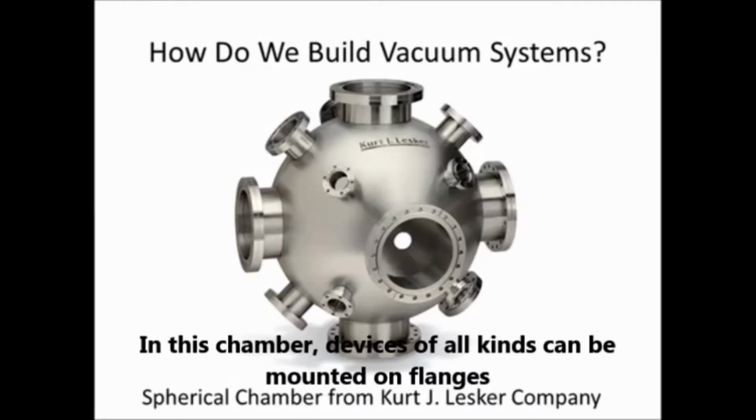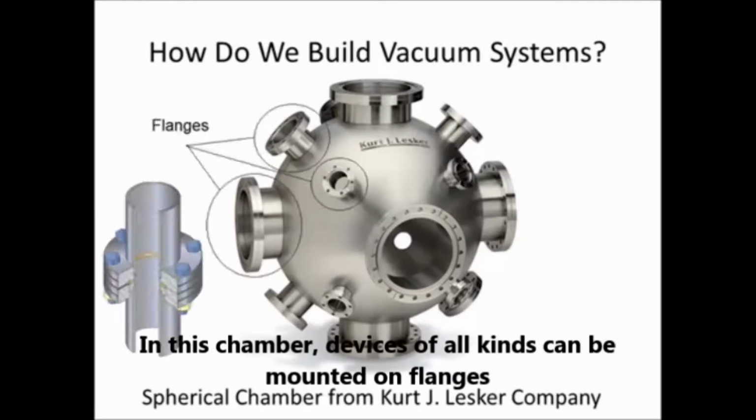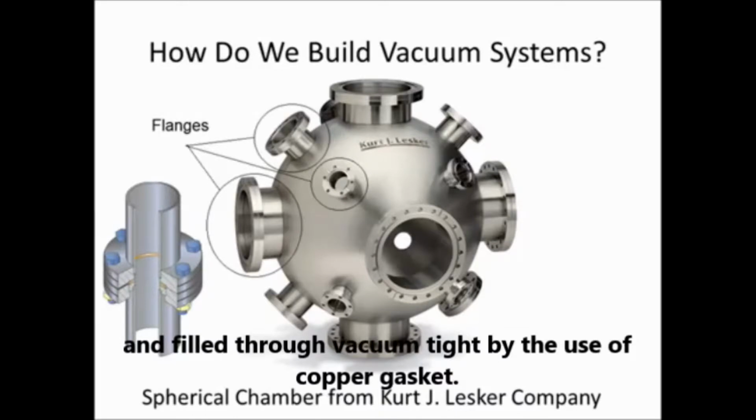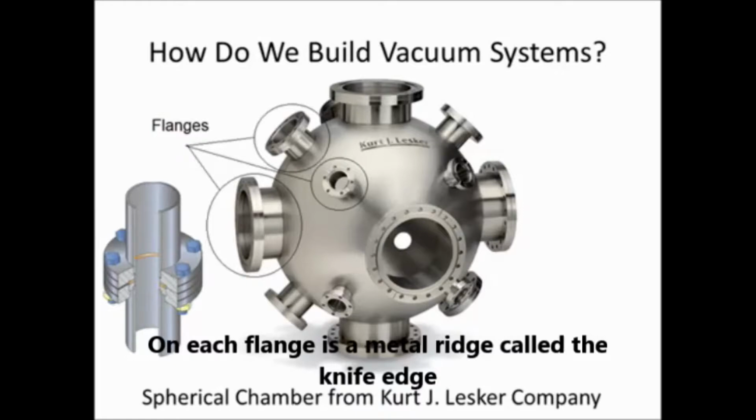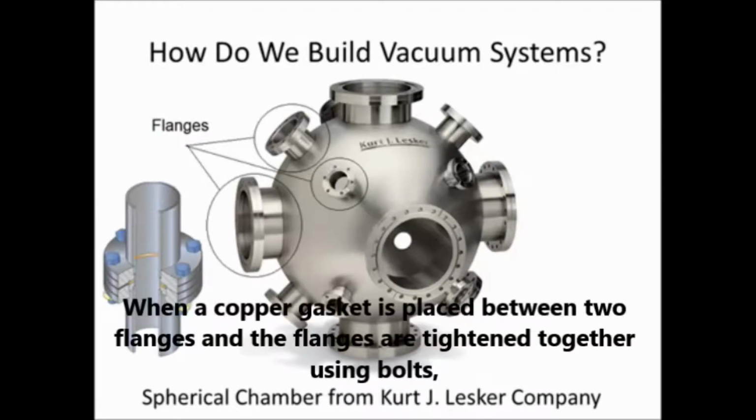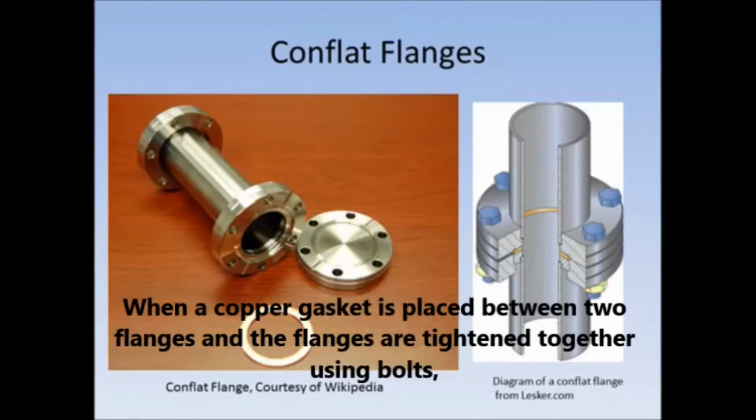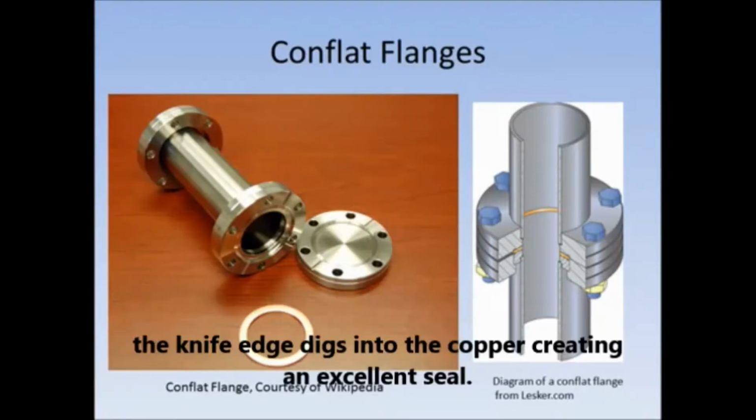In this chamber, devices of all kinds can be mounted on flanges and made vacuum tight by the use of a copper gasket. On each flange is a metal ridge called the knife edge. When a copper gasket is placed between two flanges and the flanges are tightened together using bolts, the knife edge digs into the copper, creating an excellent seal.